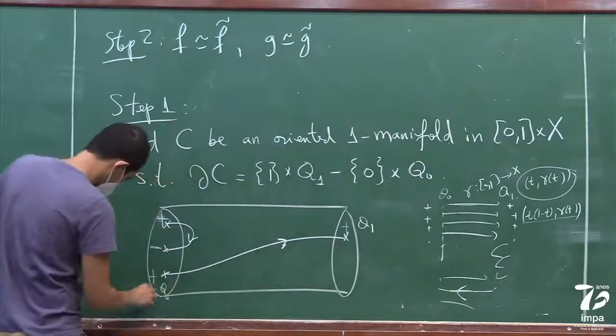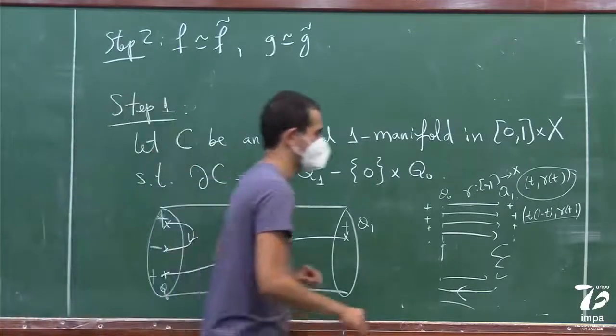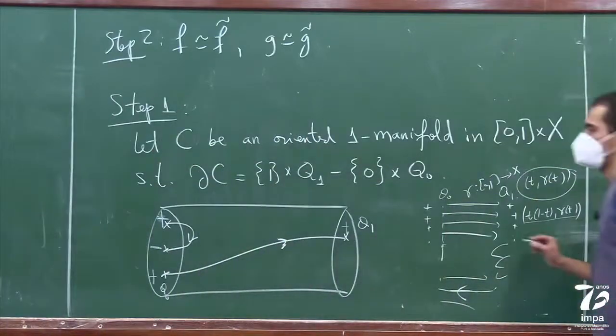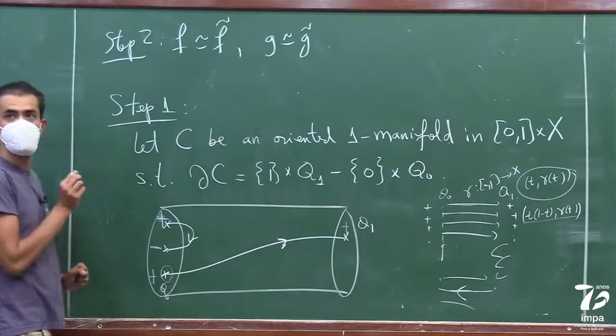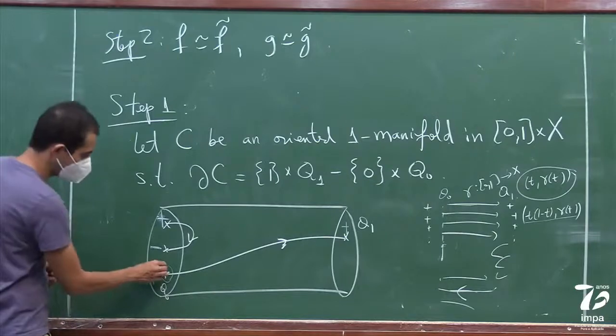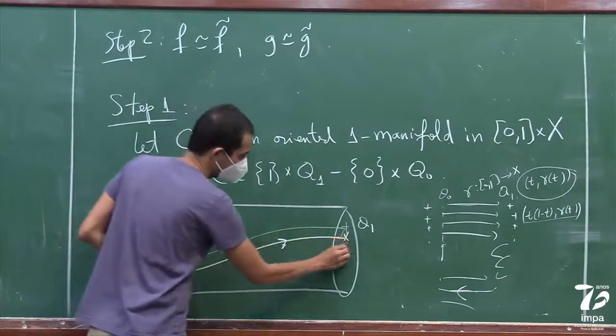What we want to do is thicken this curve, and I think of R^n as a really small neighborhood here. A small neighborhood is diffeomorphic to R^n. So I want to thicken it like this.